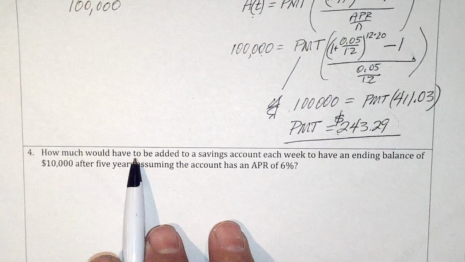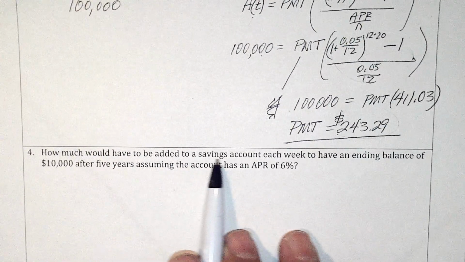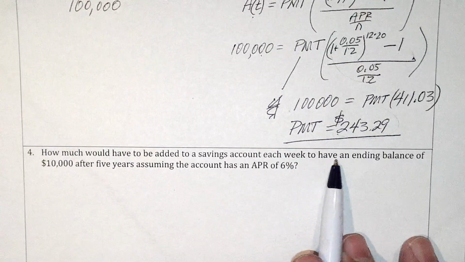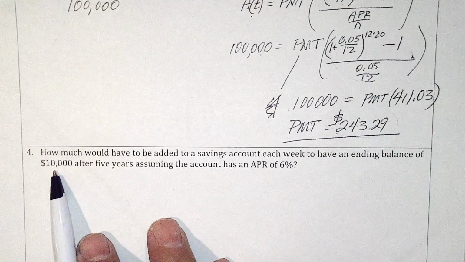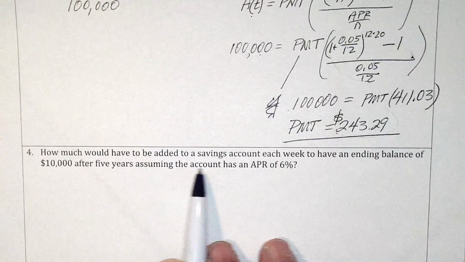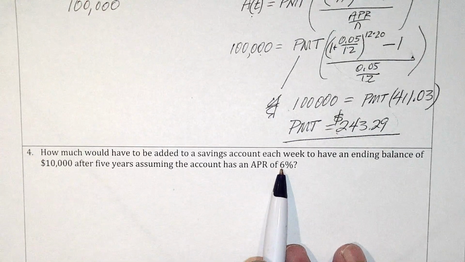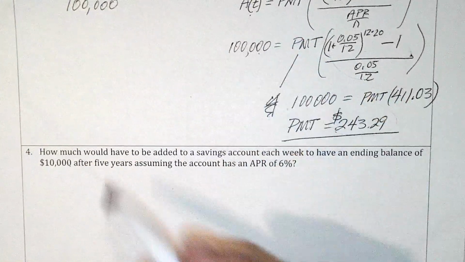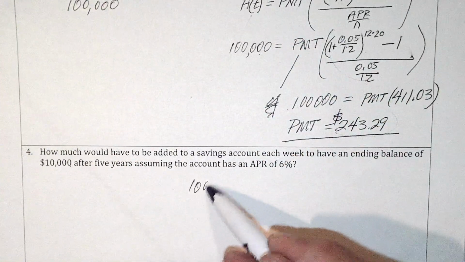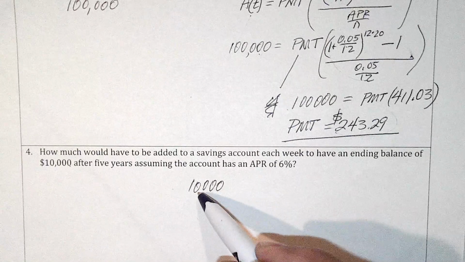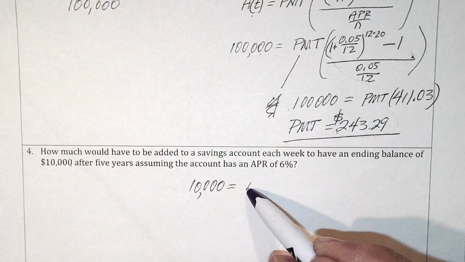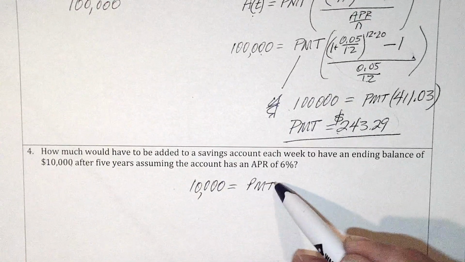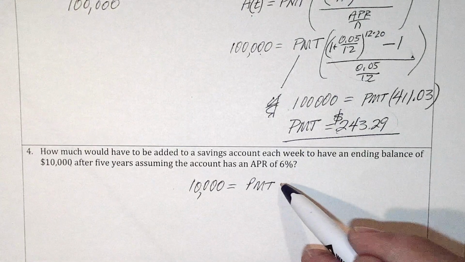How much would you have to add to a savings account each week to have an ending balance of 10,000 in 5 years, assuming an APR of 6%? So now we're going to try to end up with 10,000, and we're going to make a payment each week.